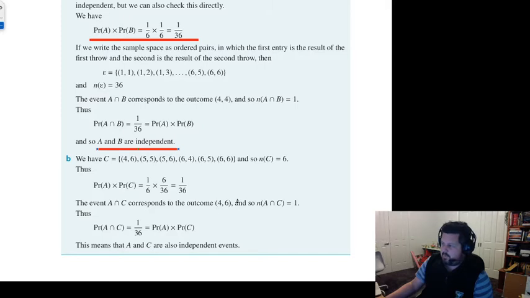So there's only one way to get that. So in this particular case, the probability of A intersection C is 1/36, which is the same as the probability of A multiplied by the probability of C. Because they are the same, we can say that they are also independent events. Cool. One last example.